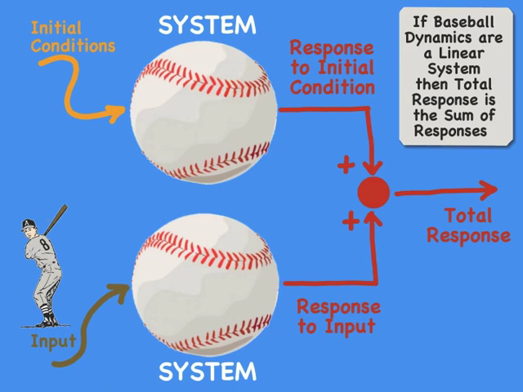That is, the motion of the ball as established by the pitcher via the initial conditions, and the motion of the ball as dictated by the batter through the input. We could take those two motions and add them together as signals to form the total response, the response of the ball to both the initial conditions and the batter's hit.